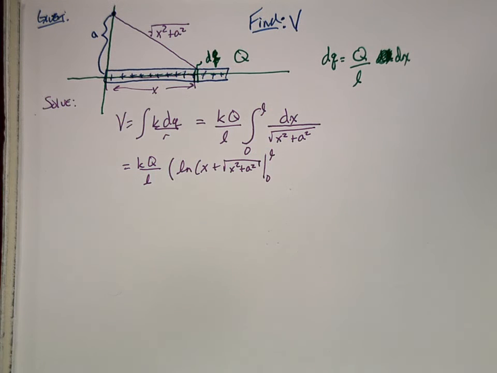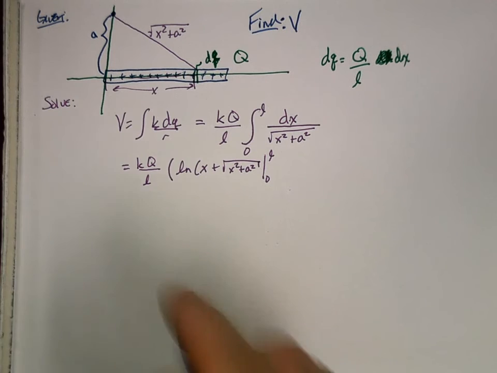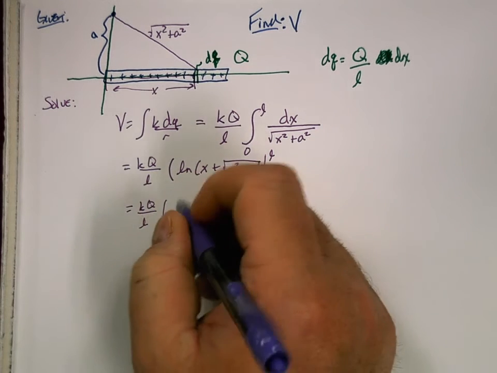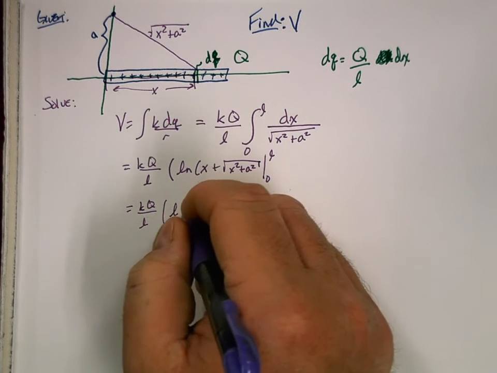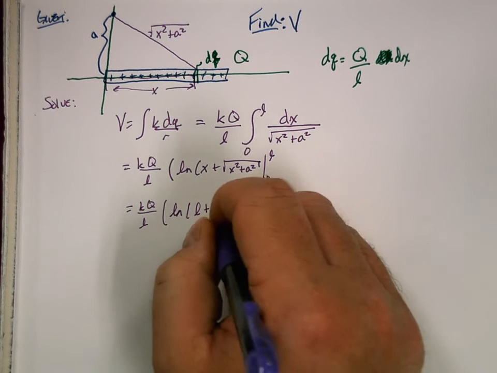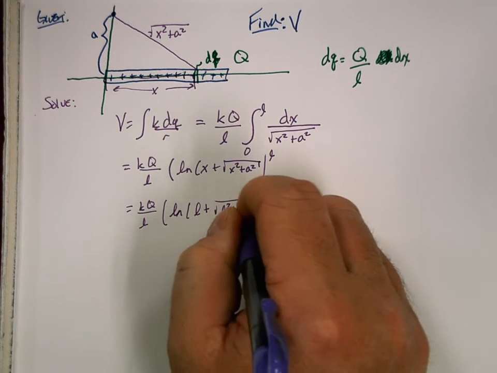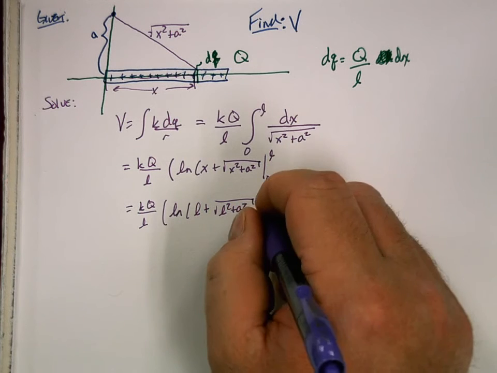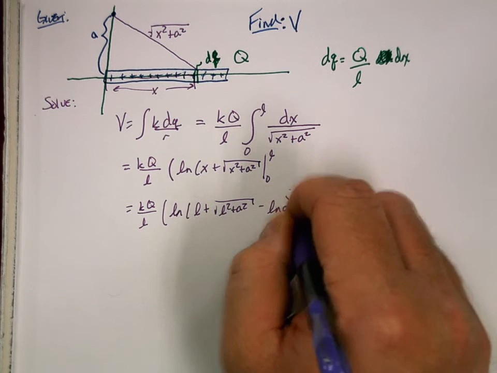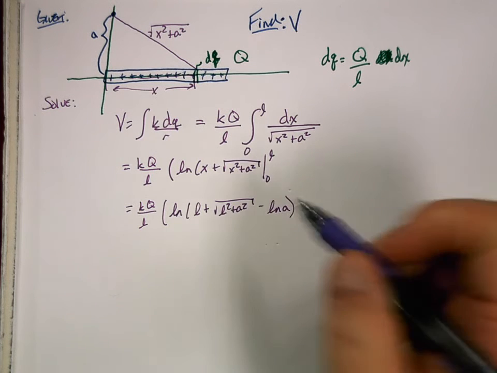This is our integral. Now we have some manipulation to do. We start throwing the L's in there, we start throwing the zeros in there, and we get KQ over L times the natural log of L plus the square root of L squared plus a squared.